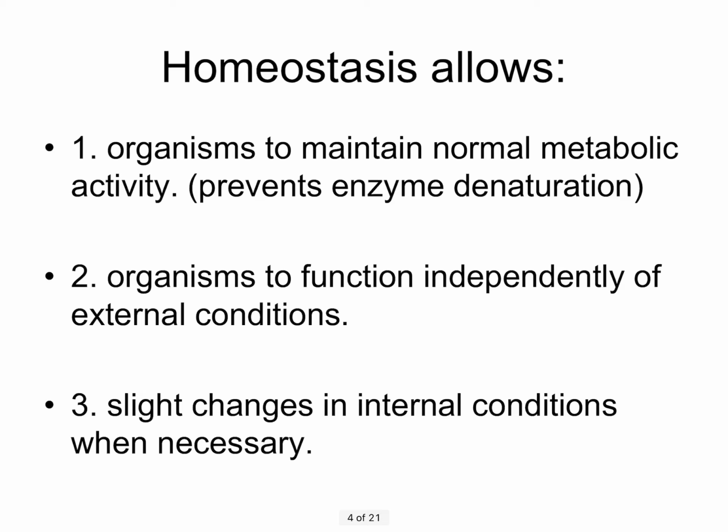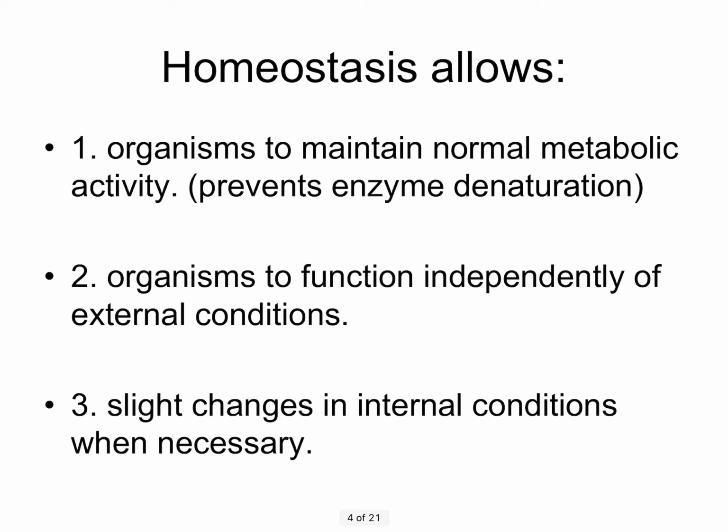So it's vital that we keep our temperature and our pH fairly constant, because otherwise we would denature enzymes, and we need those enzymes working at their maximum rate in order to maintain normal metabolic activity. We also need homeostasis so that organs can function independently of their external conditions.